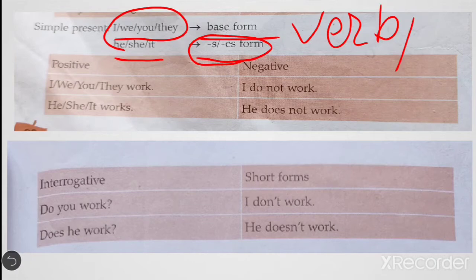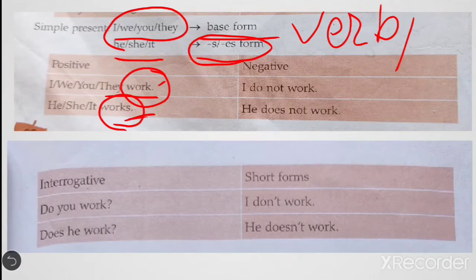Now look at here, they work, simple. Work is a base form, it's a root form, it's a main verb. But if you use he, she, it, with these you have to use works. Here you can see that s is there. In negative, I do not work, he does not work.